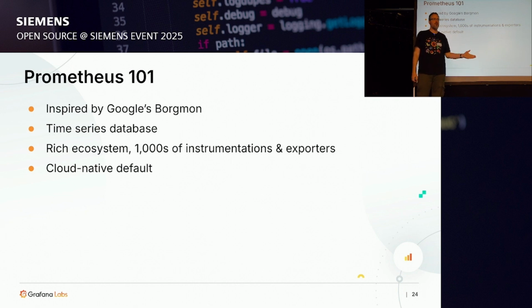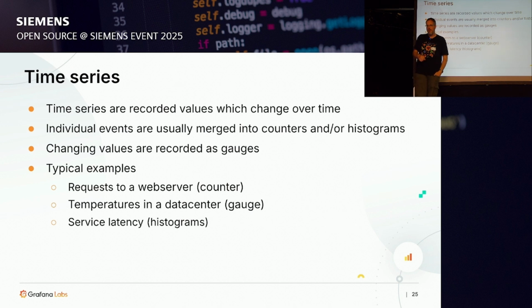Anything in CNCF land is Prometheus metrics. If it's numbers, it's Prometheus. OpenTelemetry metrics is also compatible with Prometheus, but the actual generators are all Prometheus client libraries. Kubernetes, all of those.